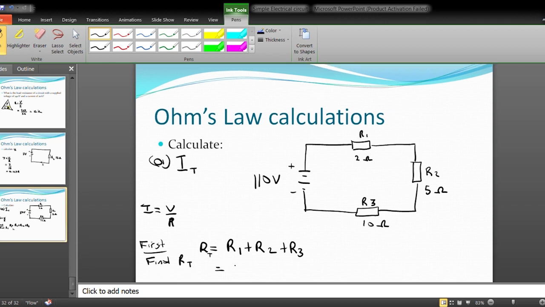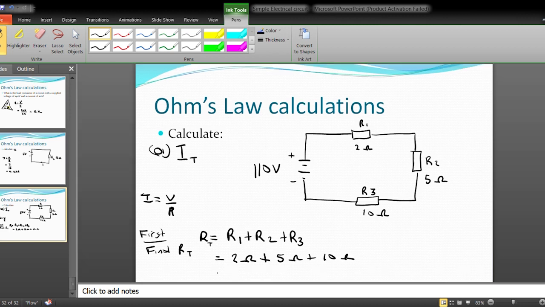You put in the values and you'll have R1 being 2 ohms plus 5 ohms plus 10 ohms. This is equal to 2 plus 5 plus 10. That is 17 ohms. So RT is equal to 17 ohms.